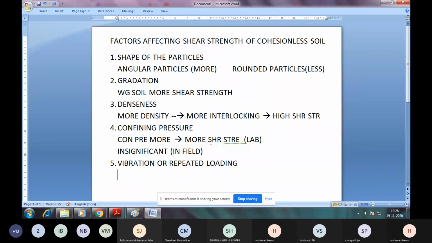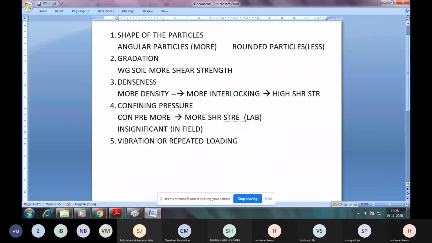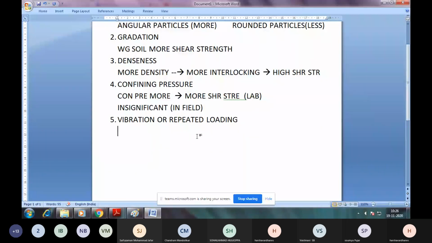The foundation soil of Burj Khalifa, its strength was increased by vibroflotation. It increases the density, leading to increase in the strength. So I'm just giving an example in field of how and where vibration or repeated loading is applied.